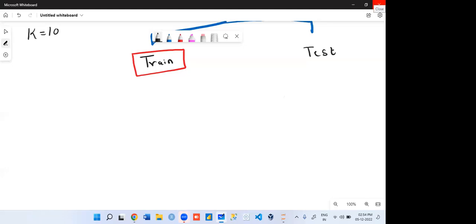On which part do we make the model, guys? Train. So in this train data we have 7,000 rows, 70% of the data, 25 X and 1 Y. In test, how many will I have? 3,000. Good.